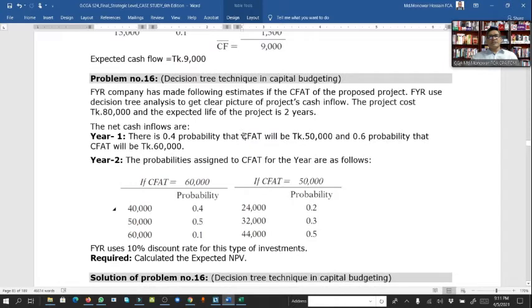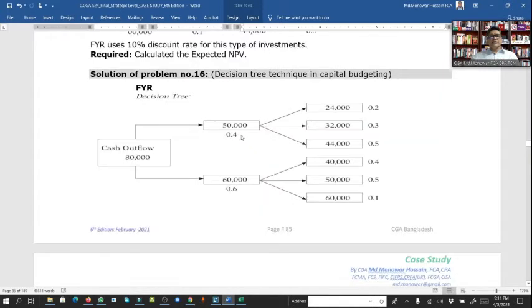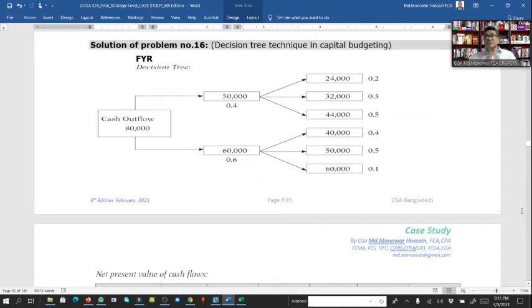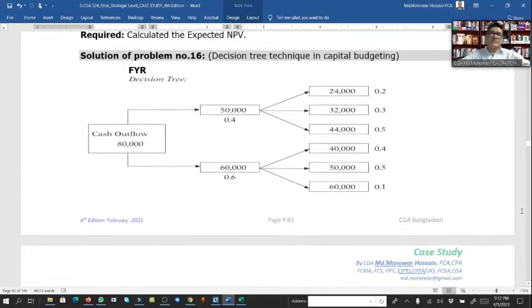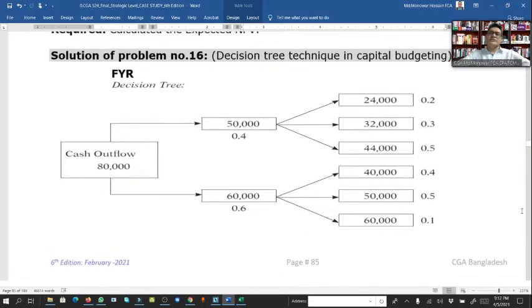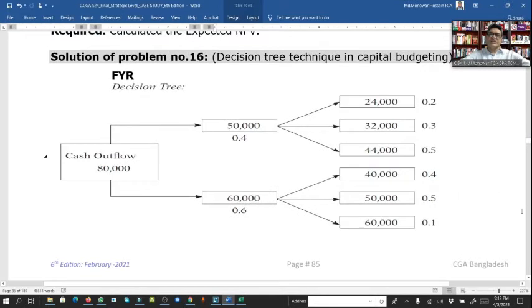Now look at the decision tree for this question. This is the decision tree plotted as given in our question.